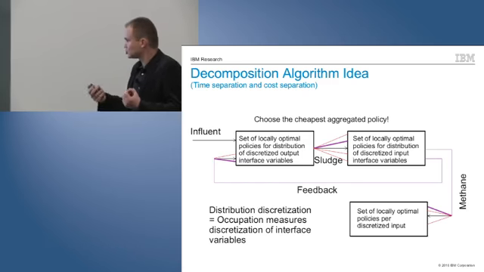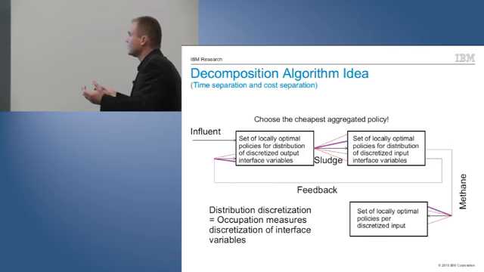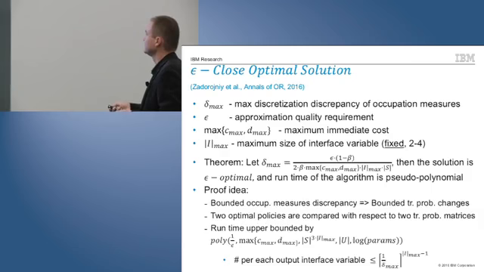The occupation measure shows a distribution of states. Then we find a set of locally optimal solutions per each block, and in the last stage, find the cheapest aggregated policy. Very simple.